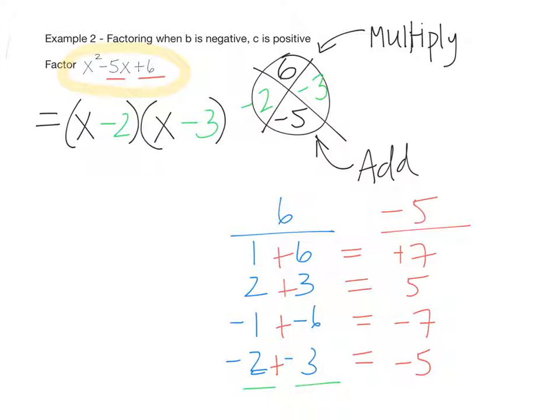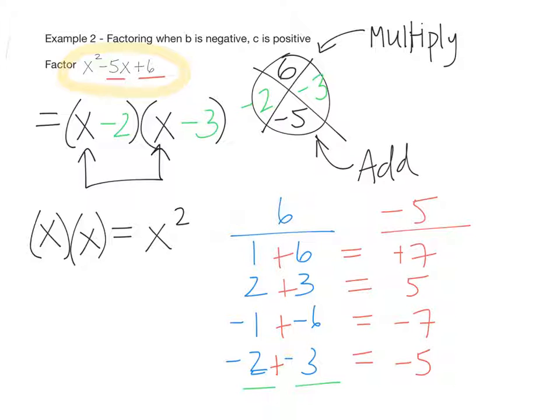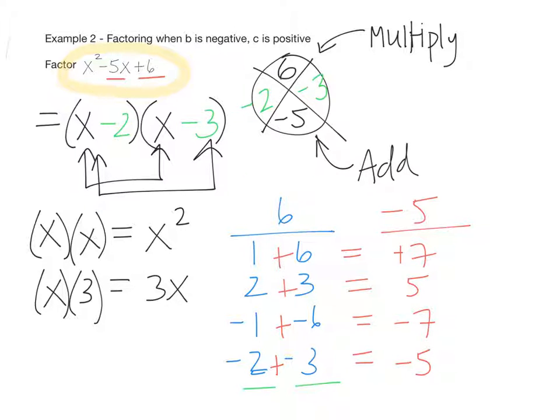Now keep in mind, if we had to multiply this out using FOIL or the distributive property, we would multiply the first two x's, and x times x gives us x squared, which matches our first term in our given trinomial. Next we multiply our outer terms, x times 3, which gives us 3x.